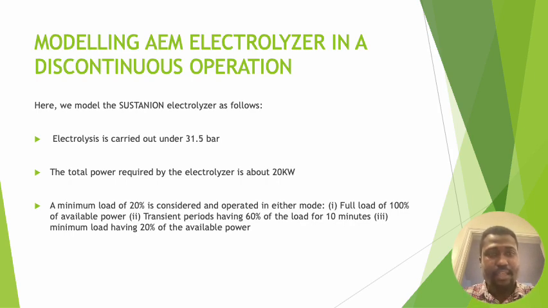We are going to consider either of these modes where the load runs at 100% of the available power, or during a transient period where the electrolyzer is going to run on about 60% of the load for 10 minutes, and then thirdly where it is going to run at a minimum load of 20% of the available power.